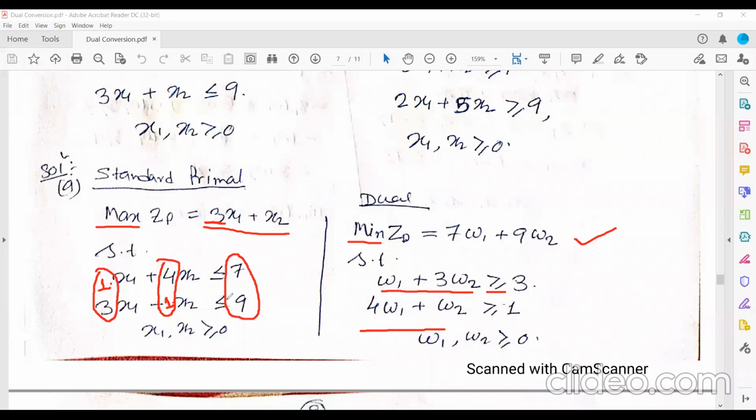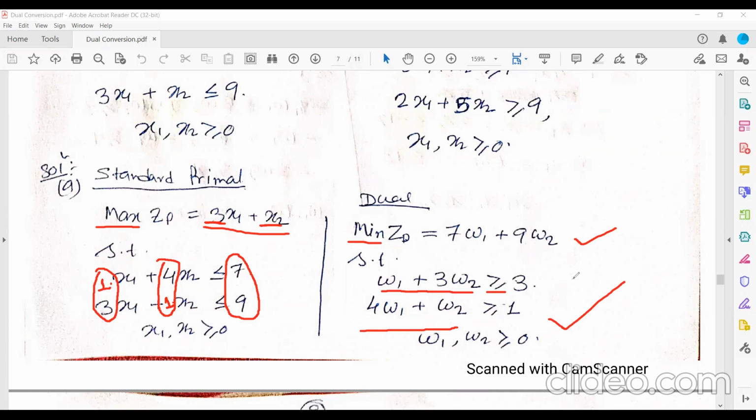And it is less than, so that becomes greater than or equal to the coefficient of x2 here, that is 1. So greater than or equal to 1, where W1, W2 are greater than or equal to 0. So this is the dual of the given standard primal linear programming problem.